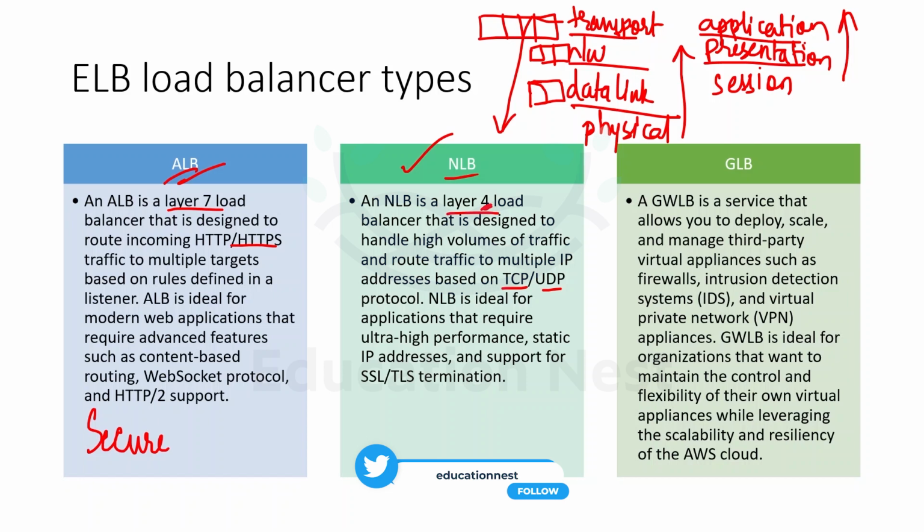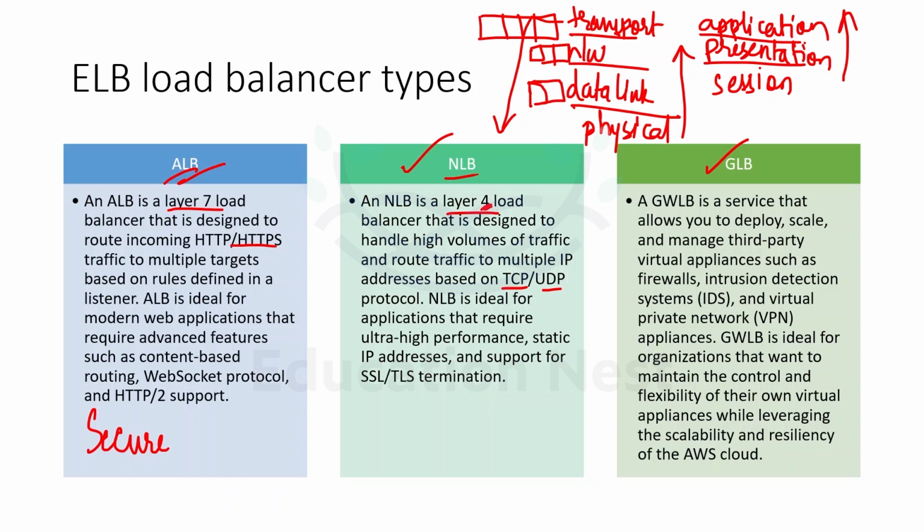Apart from that, we have the last type of load balancer, that is the gateway load balancer. The gateway load balancer allows you to deploy, scale, and manage third party virtual appliances.